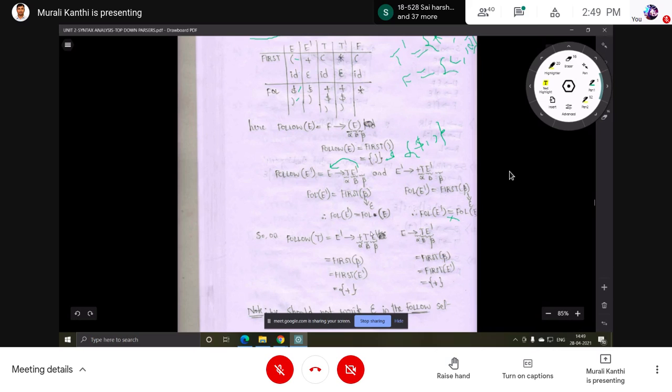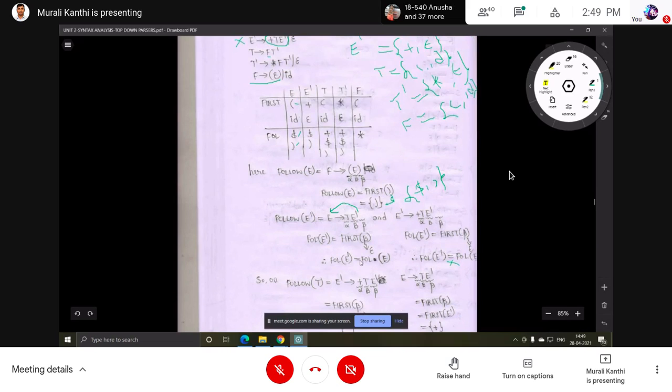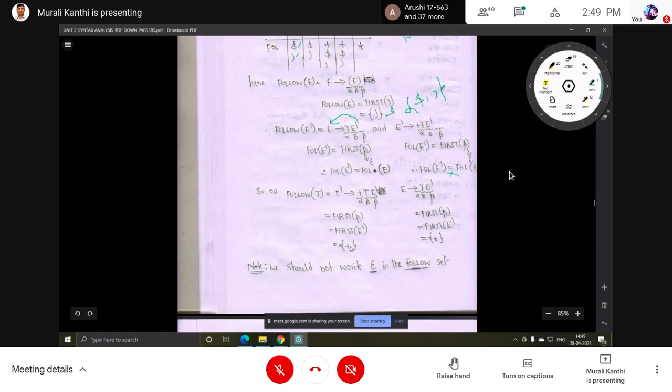So first of beta means first of E dash. We already found first of E dash: plus and epsilon. Don't include epsilon, only add plus to the set. So from this we add plus.